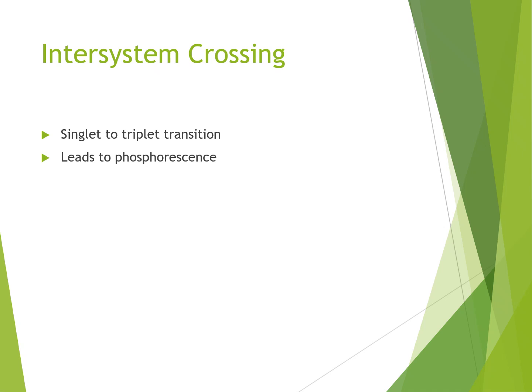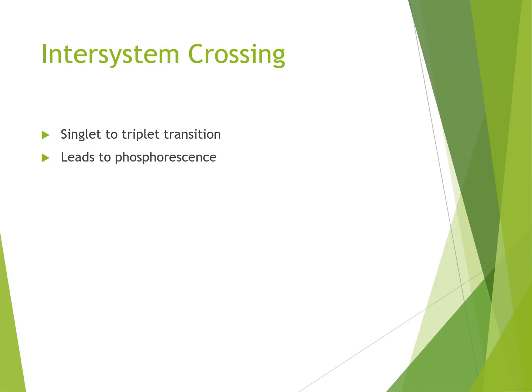Now, intersystem crossing is a process that occurs when an electron moves from a singlet state to a triplet state. It is termed the intersystem crossing phenomenon.